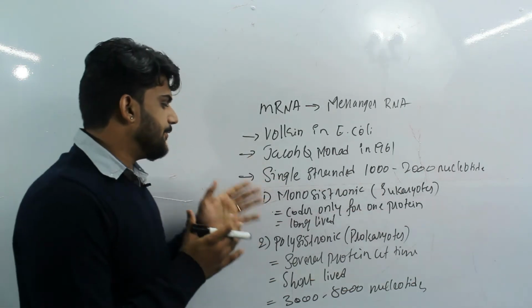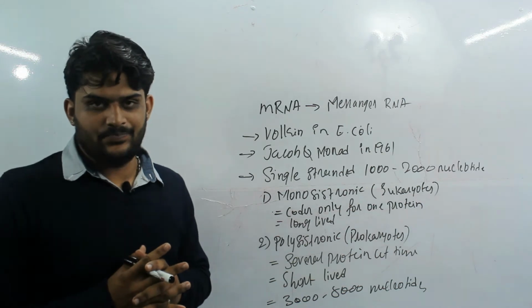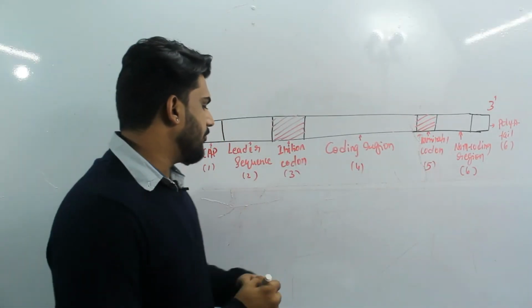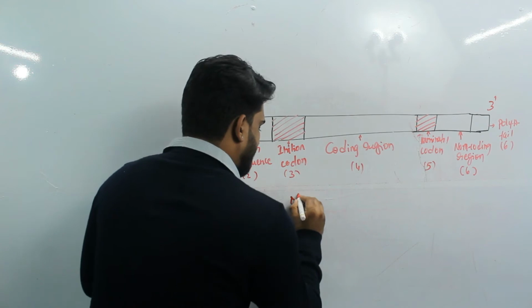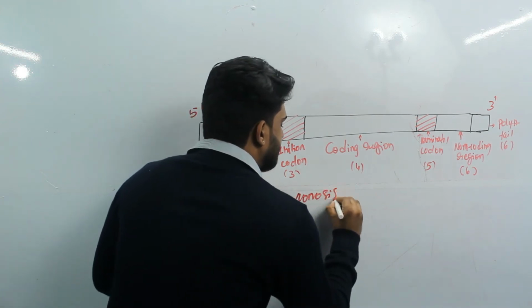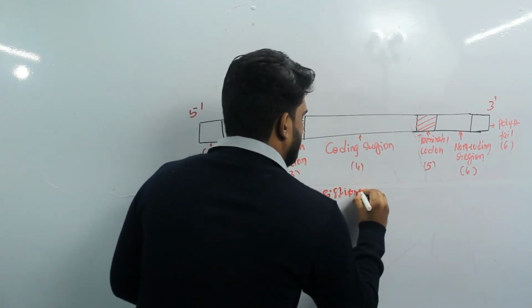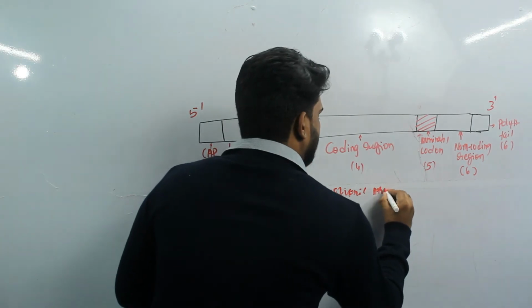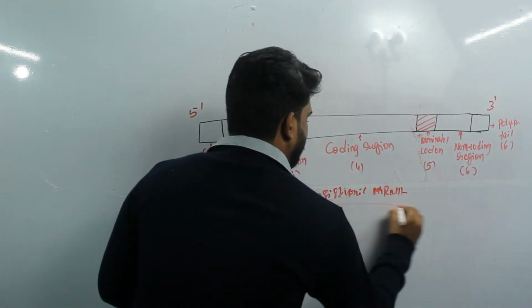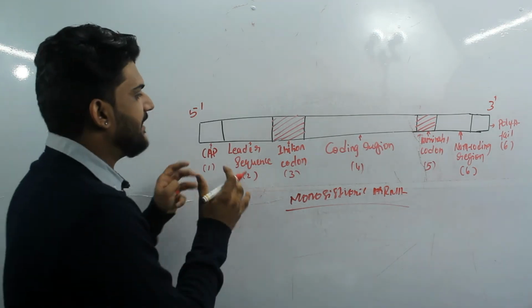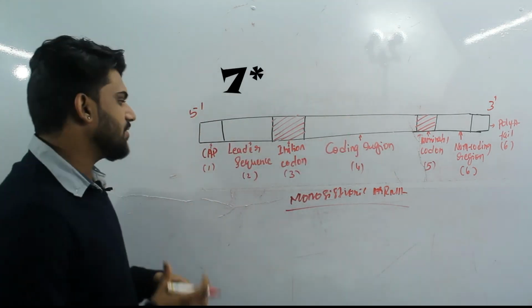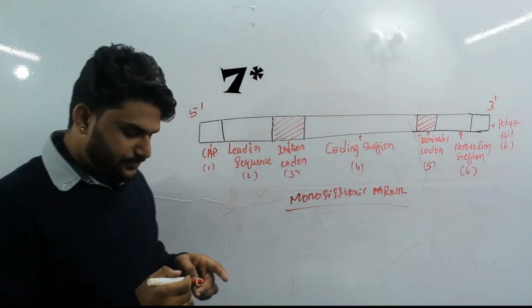Coming to the structure of monocistronic mRNA, it looks like a straight scale which has been divided into 6 different positions, or stages we can say.